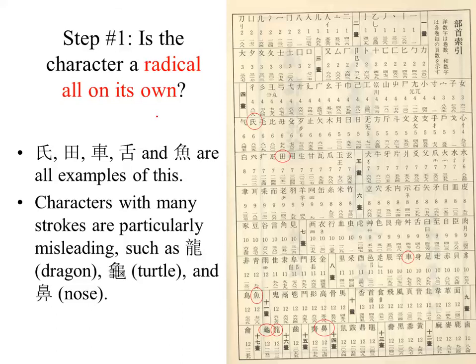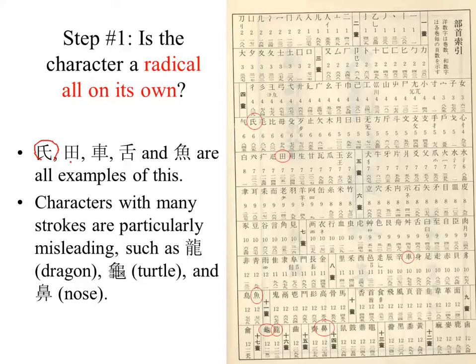Never forget to ask yourself, is the character a radical all on its own? The most common mistake I see students make is they look at a character and start to try and pick it apart without realizing that the character itself is considered a radical. I don't know why Kangxi made these decisions, and I'm not one to argue with him. I'm just telling you about the system.